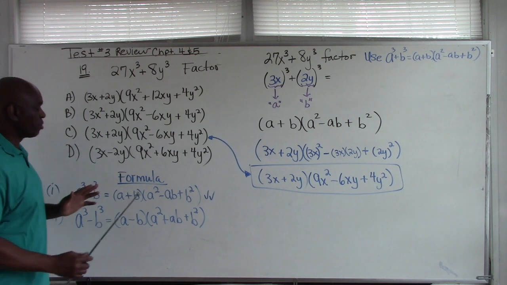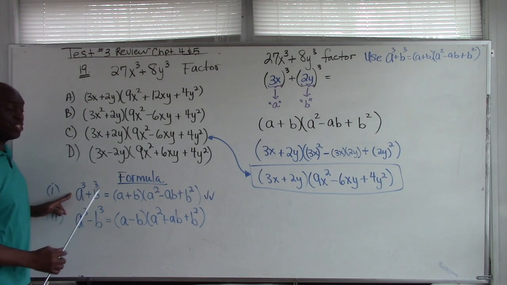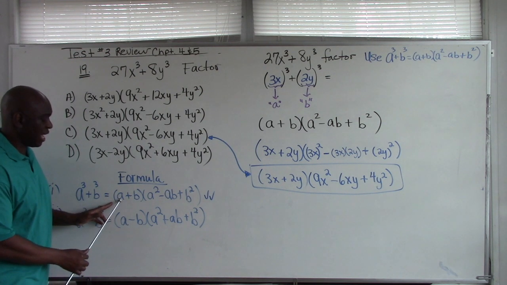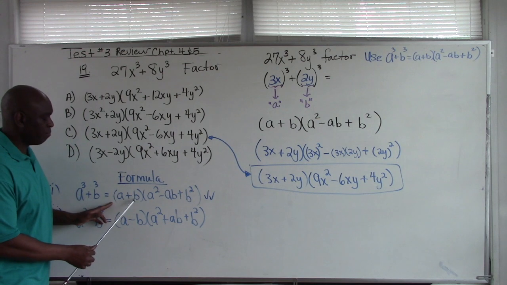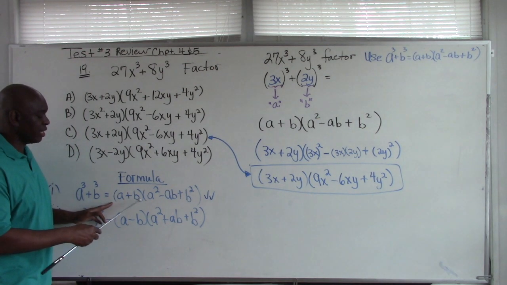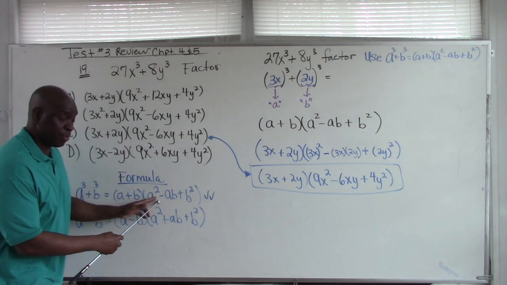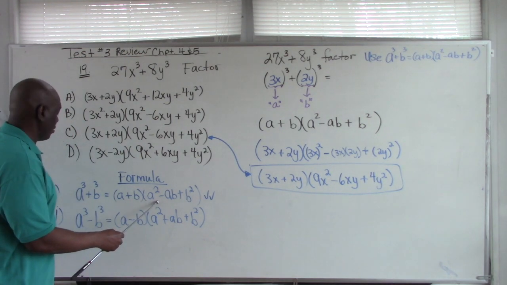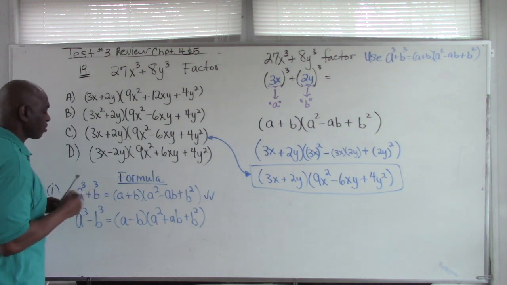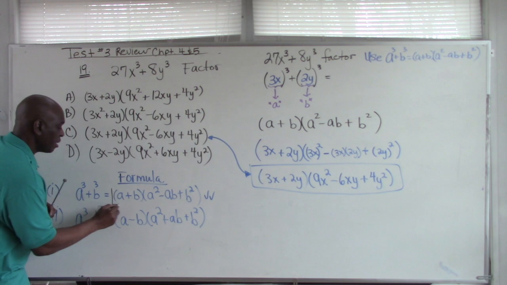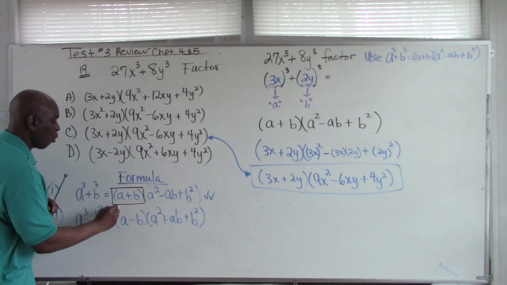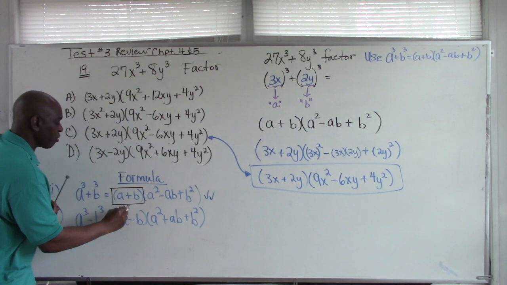Which means if I use the first one, please notice the pattern of the factoring. It's just a plus b. And in this a plus b, there are no squares. The squares are over here, right? But in this first term right here, a plus b, there are no squares. It's just a plus b, okay? No squares.